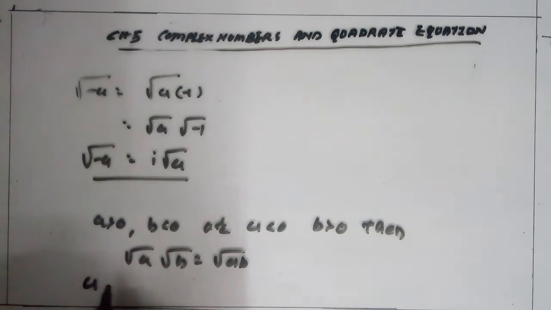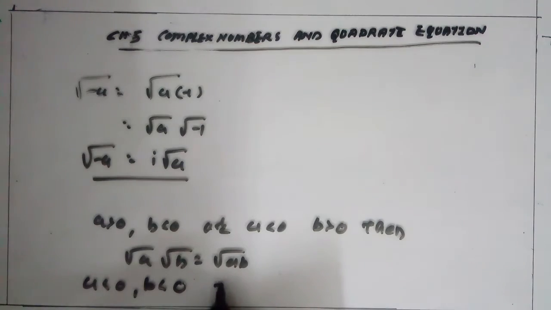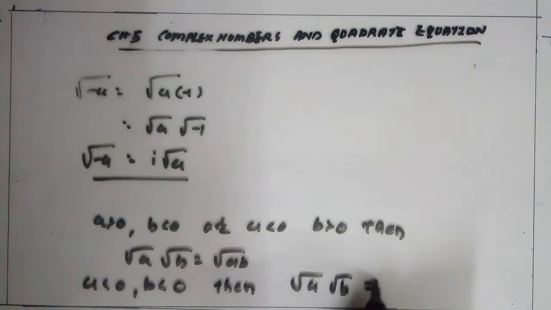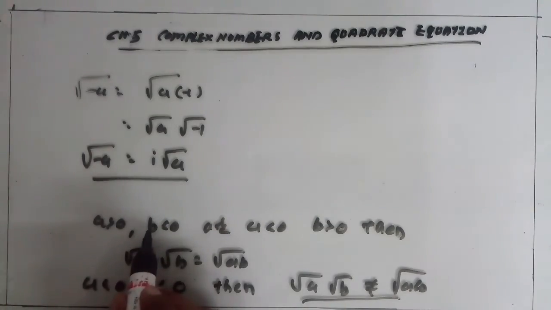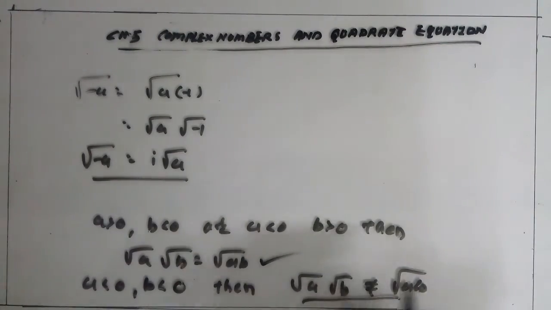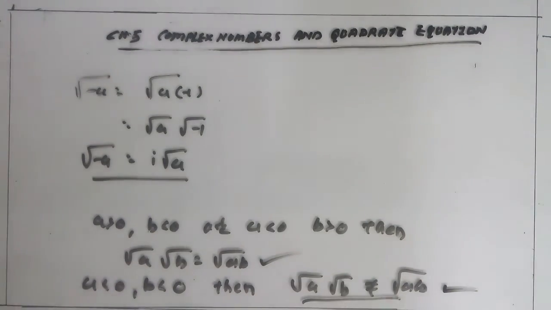But if a and b are both negative, then root of a into root of b is not equal to root of ab. Remember this. This is true only when one is negative and the other is positive. If both are negative, then this is not true. Clear?